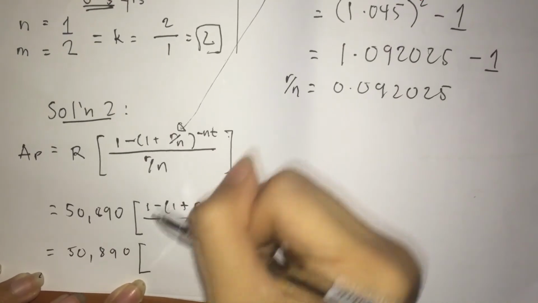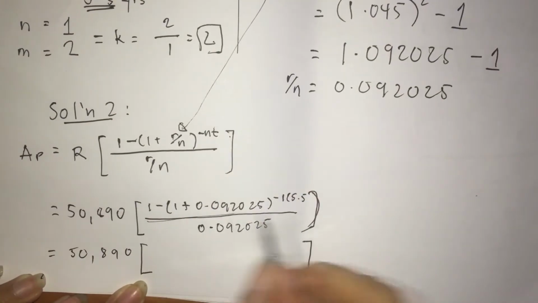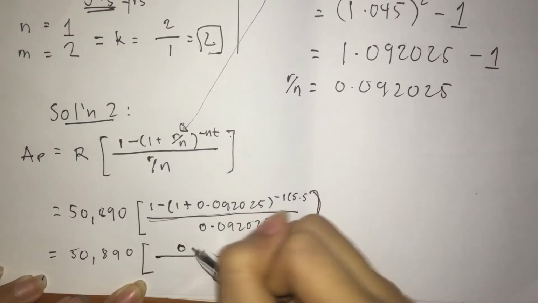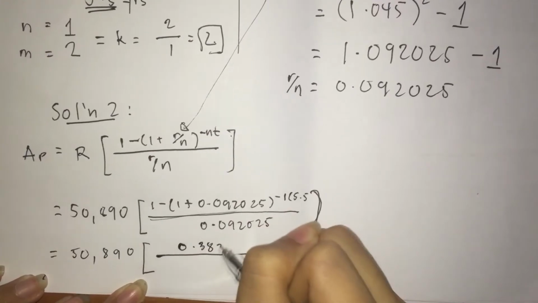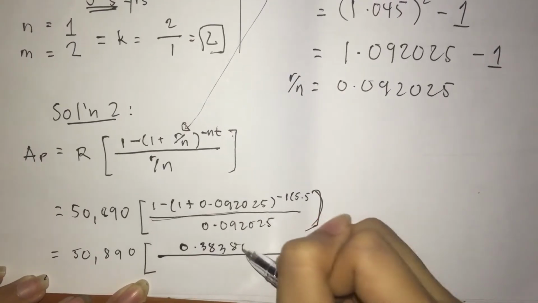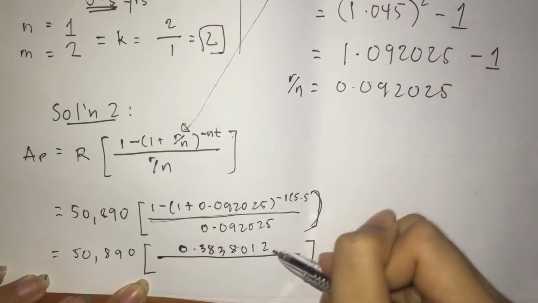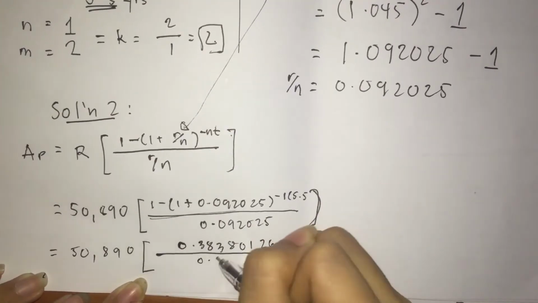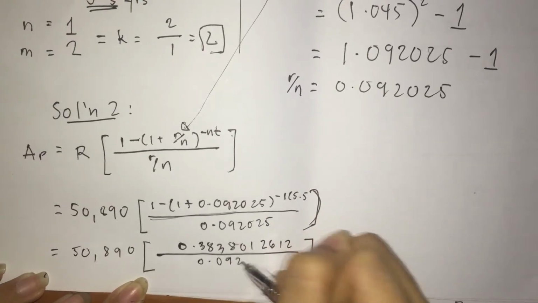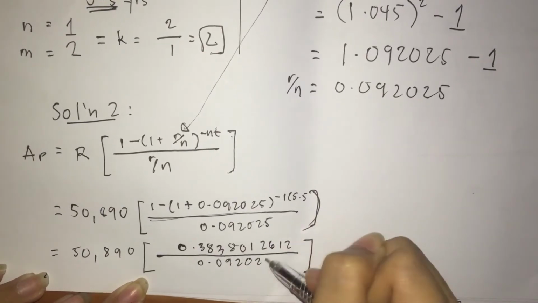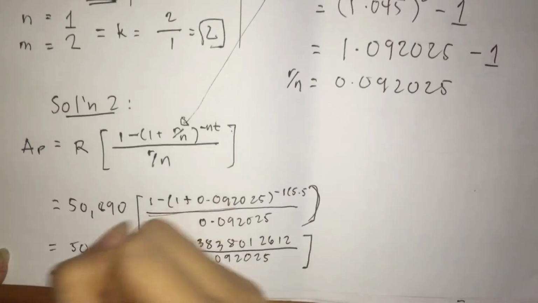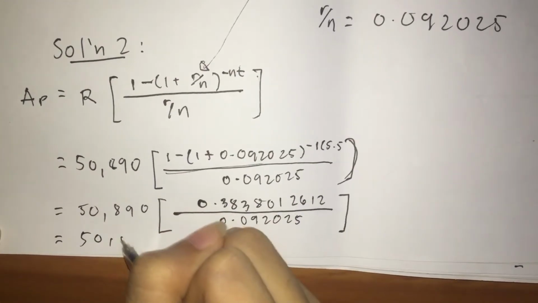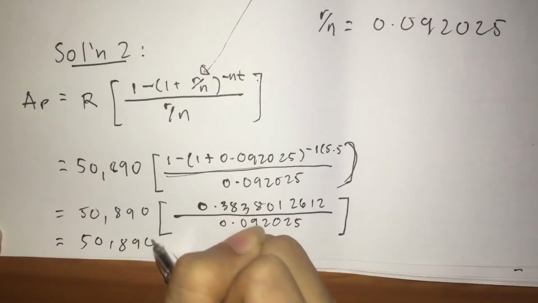So first, we need to input the numerator into our calculator, and we will get the answer 0.3838012612 over the conversion period again, which is 0.092025. And we need to solve the bracket. We need to input it into our calculator.